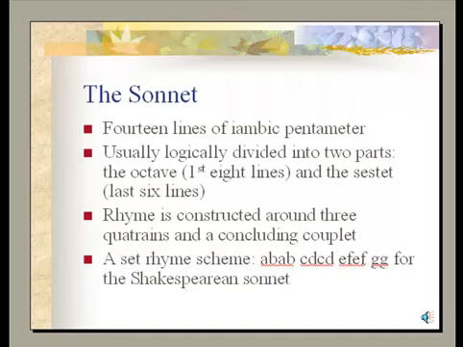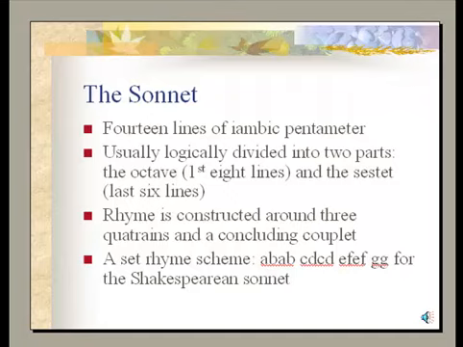Okay? Usually those lines are logically divided into 2 parts. The octave, which is the first 8 lines, and the sestet, which is the last 6 lines. The rhyme is constructed around 3 quatrains and a concluding couplet. So in other words, you'll have 3 quatrains, which would be the first 12 lines, and then the concluding couplet, which is the last 2 lines.